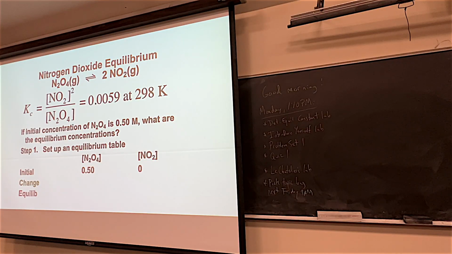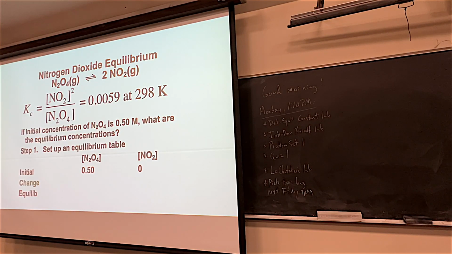In the previous classes, we would have just assumed this went 100% over here, something like that. But not in Chem 223. This is an equilibrium. So you will have N2O4 and NO2. This number tells you you're going to have more N2O4 than NO2 at equilibrium, but overall, you're going to have some of both at the end.